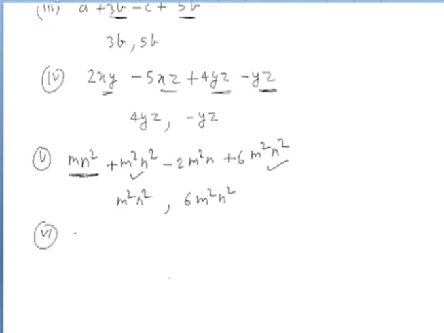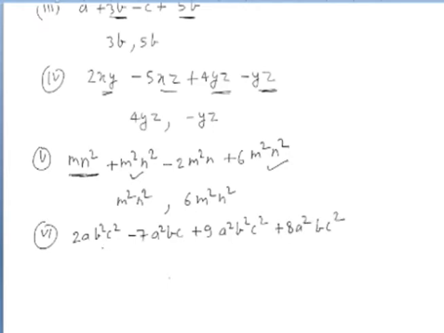Next, 2a b square c square minus 7 a square bc plus 9 a square b square c square plus 8 a square b c square.